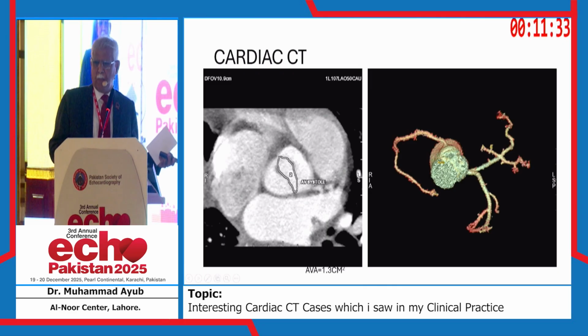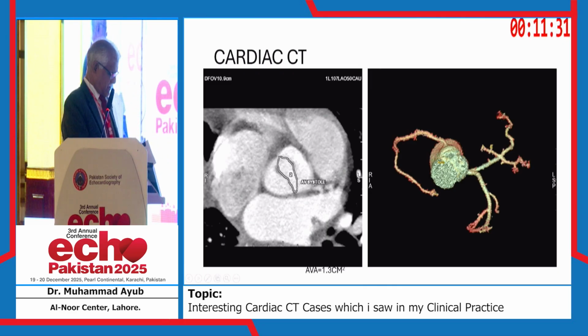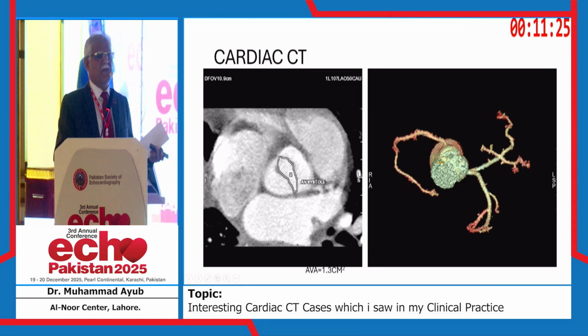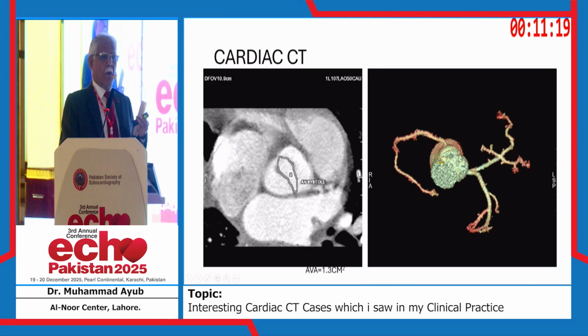Coronaries were anyway normal, and there was a bicuspid aortic valve. So this was one of the complications of conventional angiography, which could have been avoided had the operator opted for non-invasive testing before conventional angiography.